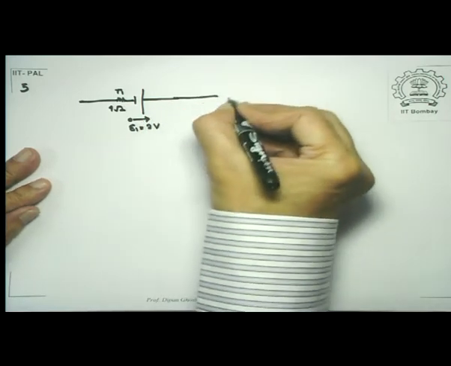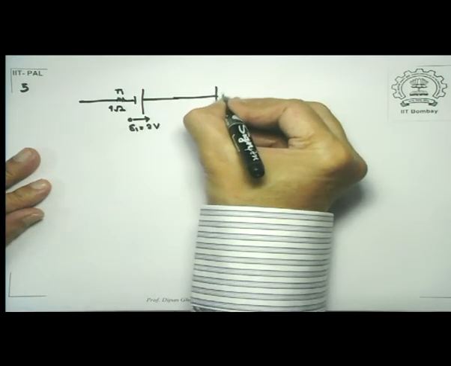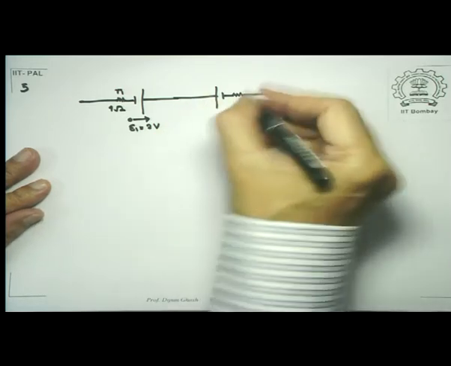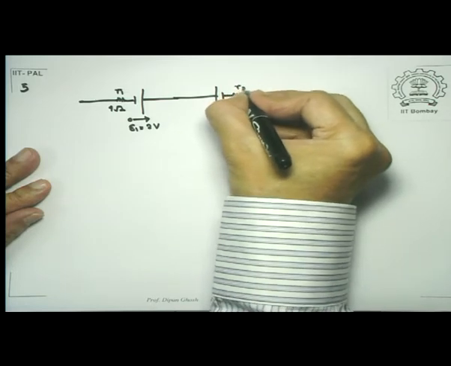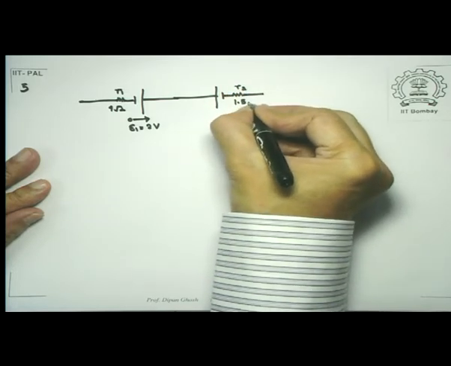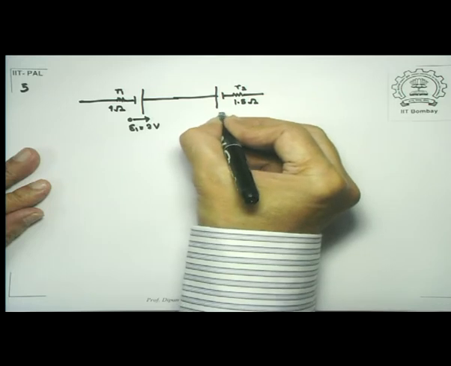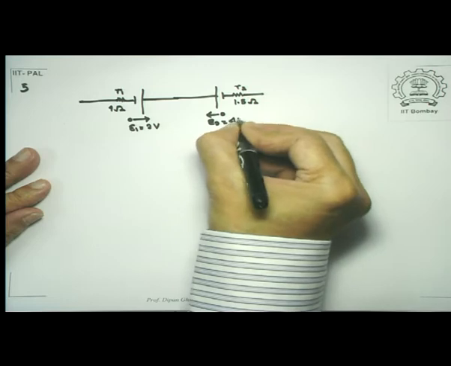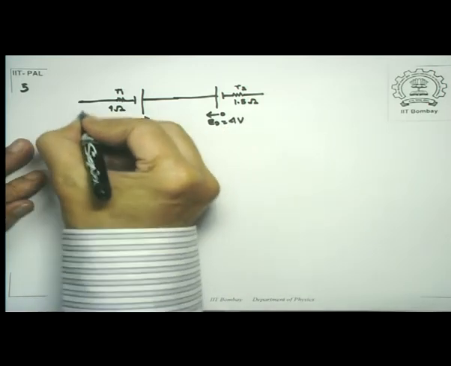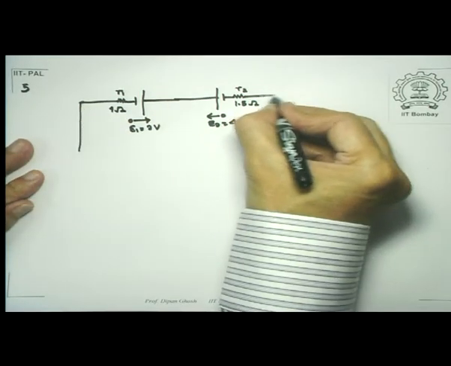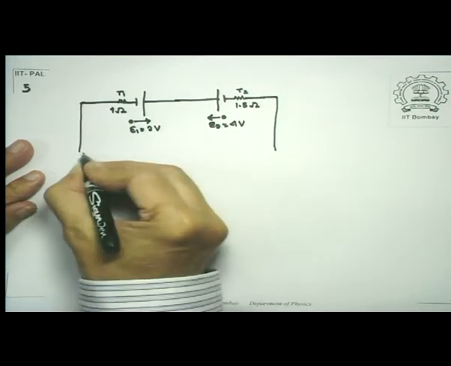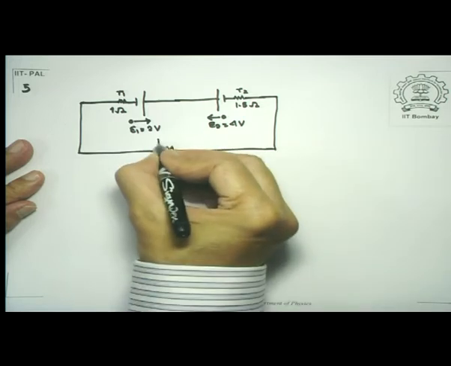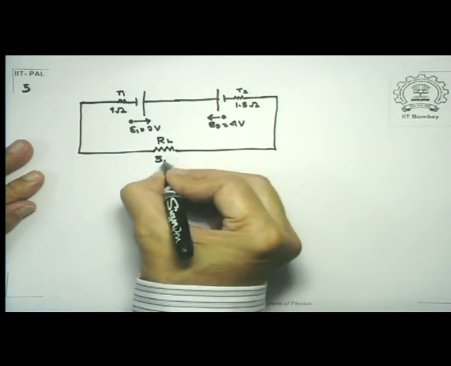And then I have another battery whose polarities are like this, having an internal resistance of R2, which I take to be 1.5 ohms, and E2, which is taken to be 4 volts. And then I have the external circuit where I have a load resistance, which I take to be 5.5 ohms.